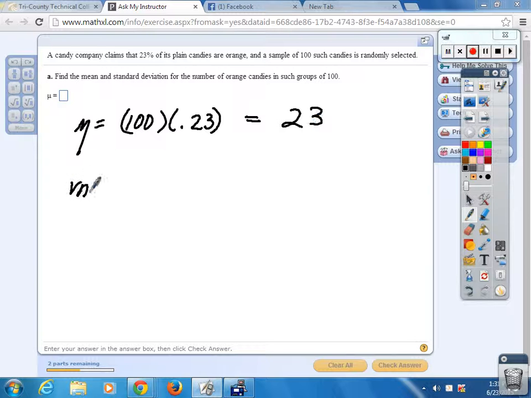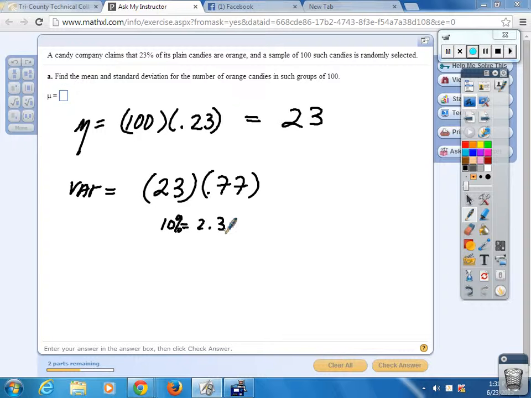My variance is equal to 100 times 0.23 times, what's the complement of 23%? 77%. 10% is 2.3. 1% is 0.23. So 2.3 times 70 is 16.1. And 0.23 times 10 is 2.3, added, 16.33.